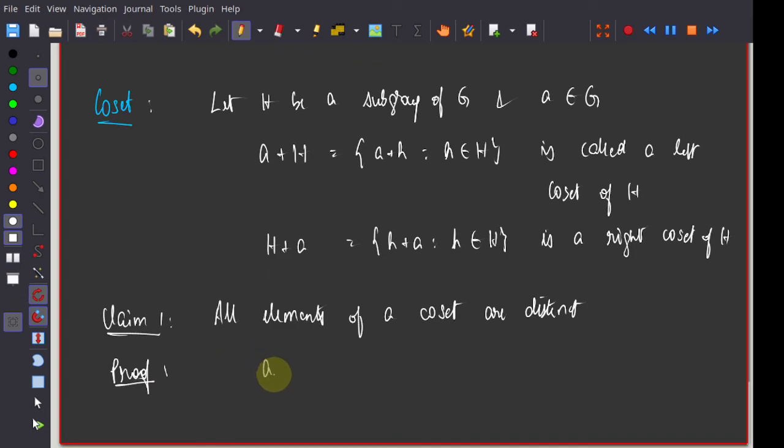So suppose that A plus H1 is equal to A plus H2, where H1 and H2 are in the subgroup, and A is any element from the group. So this must imply that H1 is equal to H2 because I can just add minus A, or A bar, on both sides.